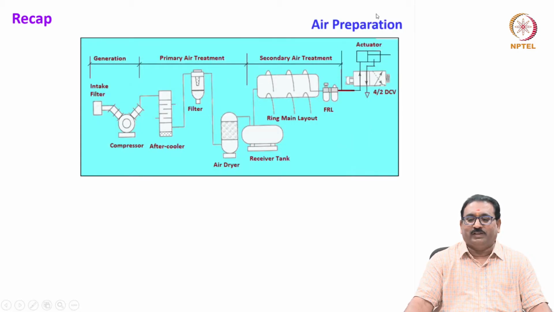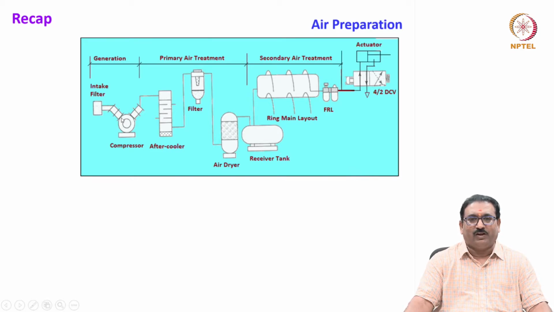Let us recap what we have studied in the last lecture. We have seen the air preparation is one of the prime requirements in the pneumatic control system. We know that it includes the generation, then primary air treatment, secondary air treatment, then air will go to the actuator through the various valves.